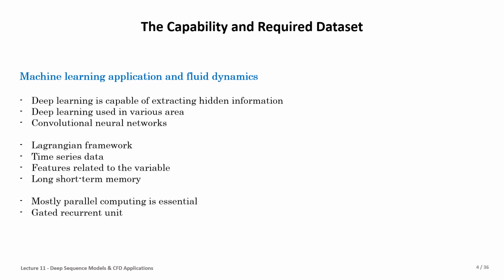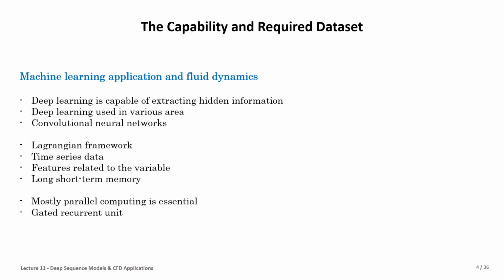To list the advantage of the deep learning approach from recent literature and studies, it's capable of extracting hidden information. It's applied in various areas, and especially for nonlinear and random phenomena, it was successful.